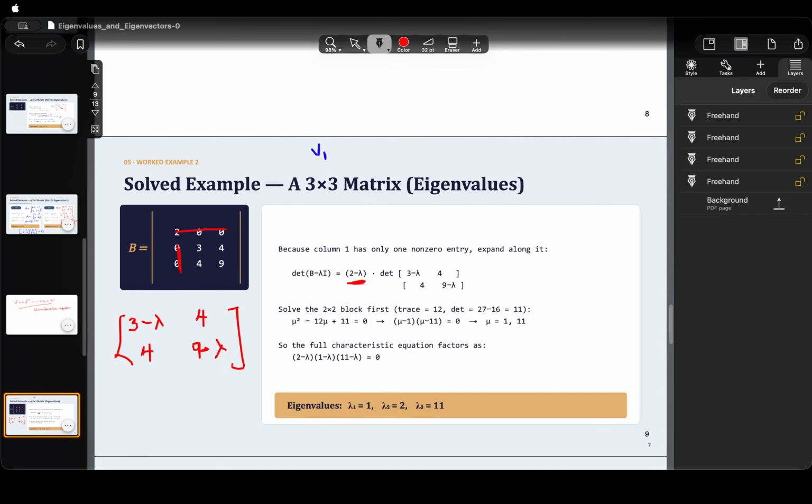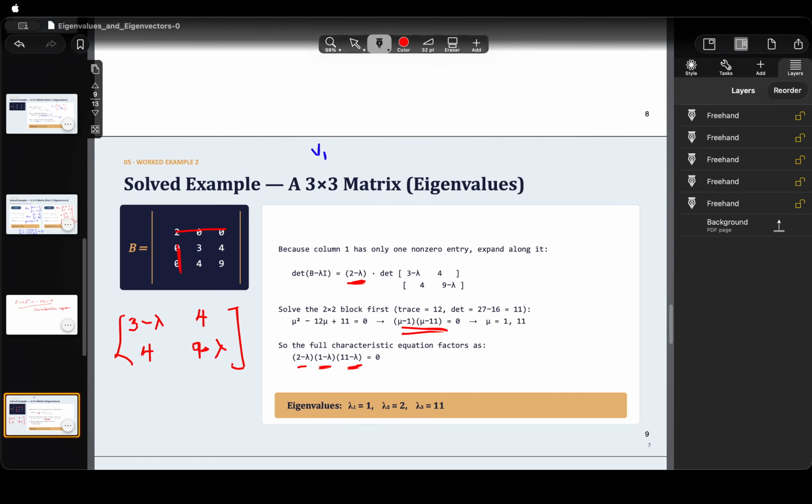Then your full characteristic equation is going to be 2 minus lambda, 1 minus lambda, 11 from the expression here, equal to 0. So we have 3 eigenvalues.